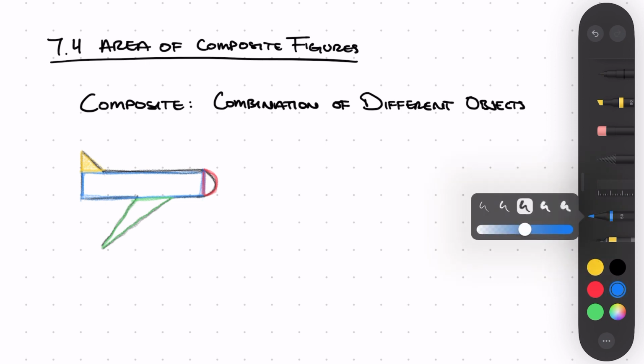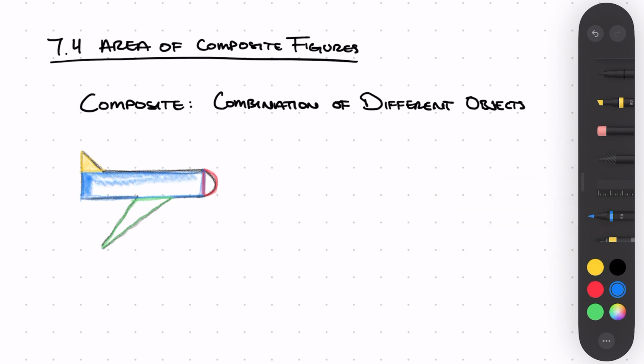I'll need to know what this middle portion is right here. And then I'll just need to know what the other two segments are, which in this case are the red for the front of the plane and the green for the wing of the plane. So you can see that now I can use multiple different shapes to find that out.